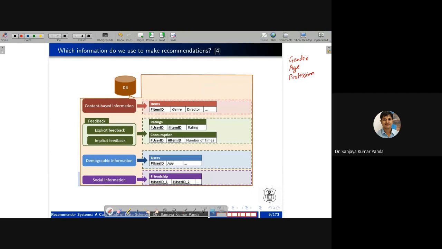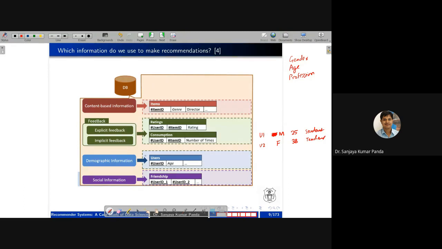So I can write user ID U1, gender male, age 25, and profession student. Similarly, user number 2 is female, age 38, and a teacher.